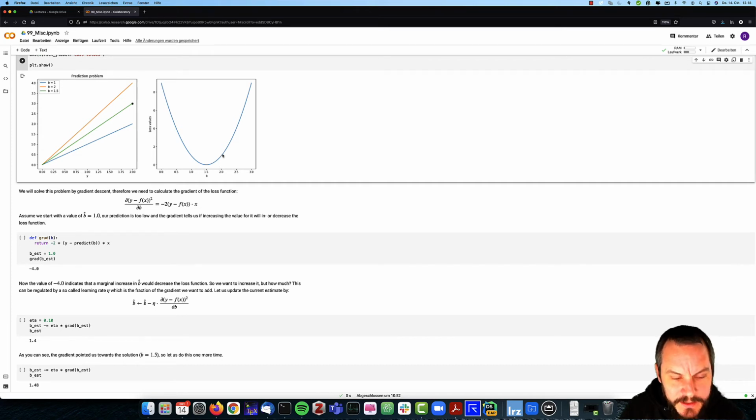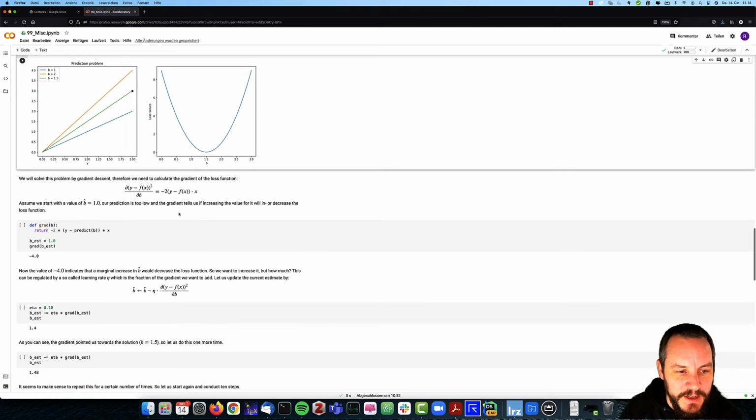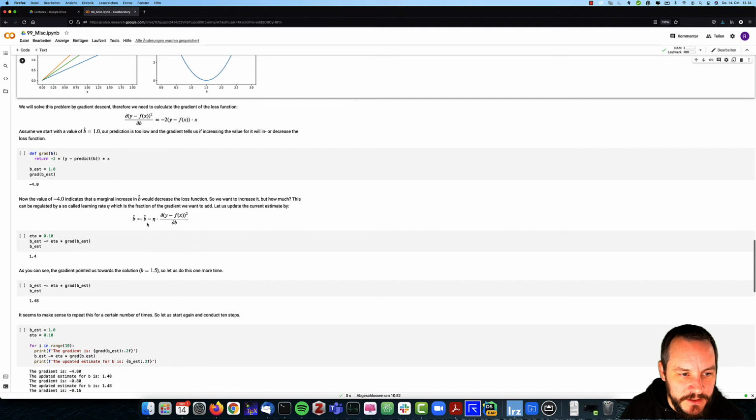And the rule is, if the value is positive, then we decrease our parameter estimate. If the value is negative, then we increase our parameter estimate. This update rule is given here. So we take the original value minus the gradient. For the moment, please ignore this eta here.